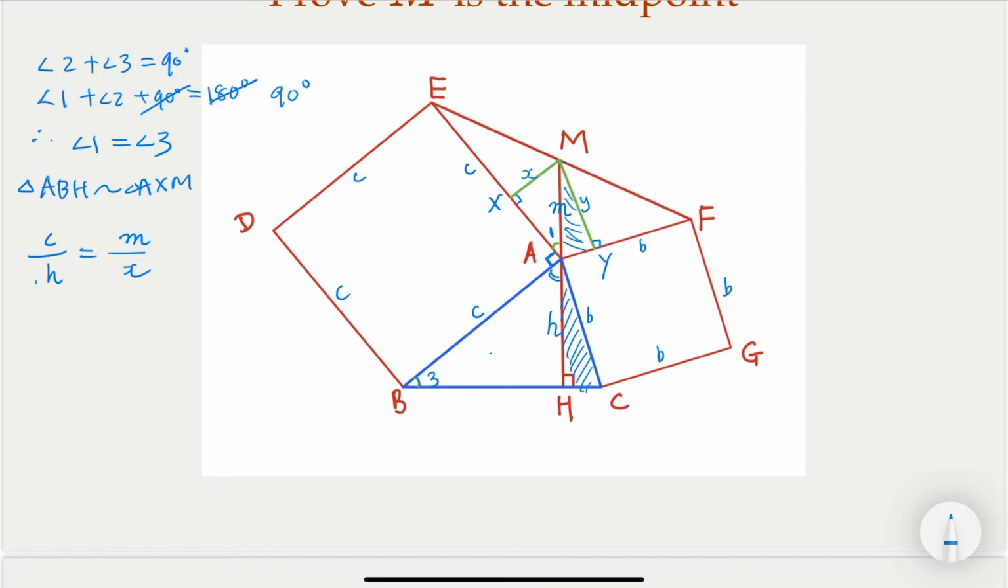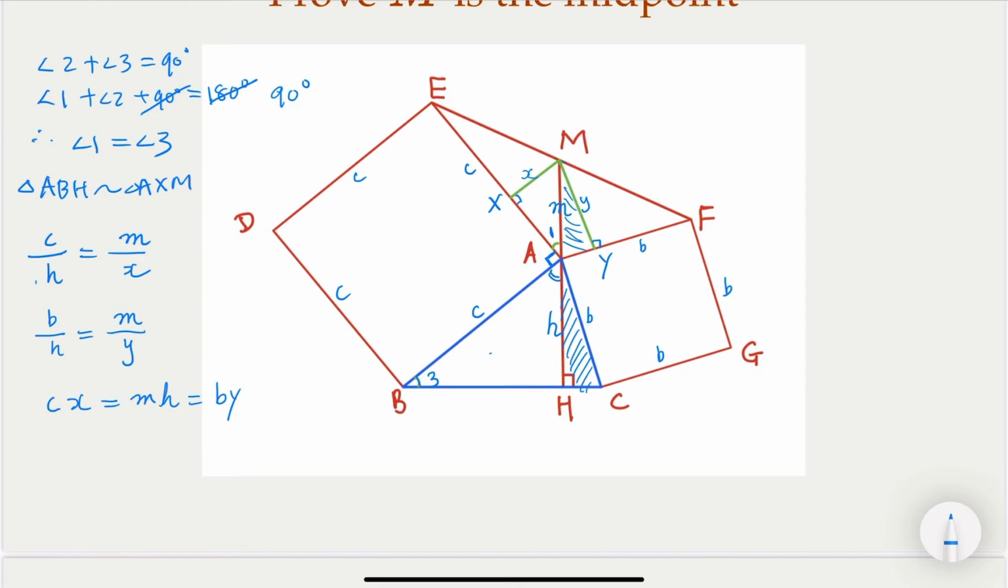You know that the corresponding sides, in this case, H and B, yeah, B and H, must be proportional to, here would be, sorry, not B and M. This would be Y, yeah, Y and M. So it would be M and Y, yeah? So, it's corresponding. Now, from these two, you know that from the first equation, CX equals MH, but from the second equation, MH equals B times Y.